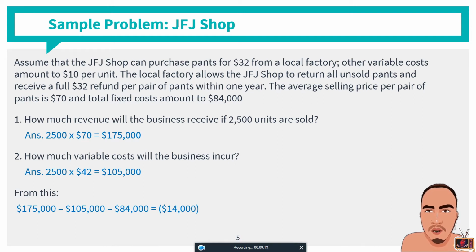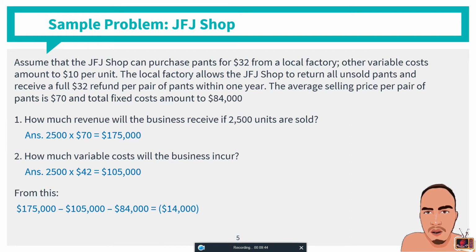We would subtract the $105,000, the expenses, and also the $84,000, which is the total fixed cost in 1 year. So when we subtract the revenue with all the expenses, the total is negative $14,000.